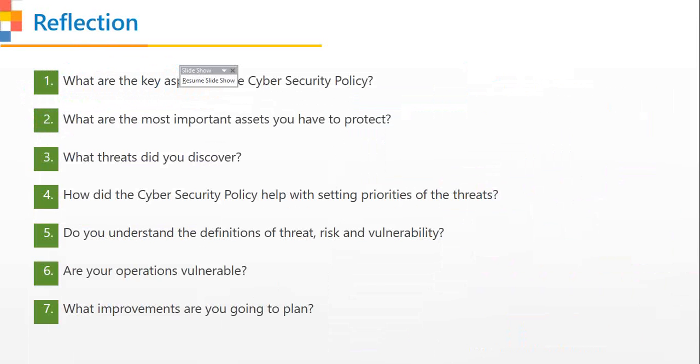Then you also look at whether your operations are vulnerable, which means: all the assets which you are trying to protect, all the processes which you have developed, are they still making your entire ecosystem look vulnerable, or are they safe? This is a question which is very, very subjective. It would depend on the specific simulation game we are doing with a specific set of people.